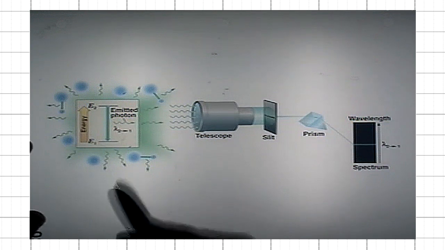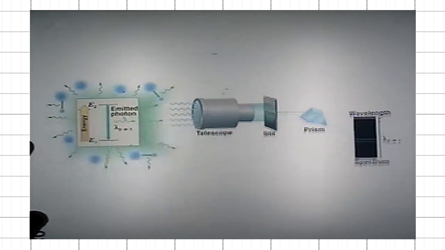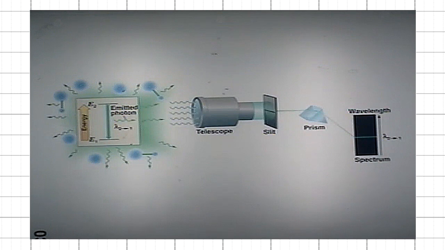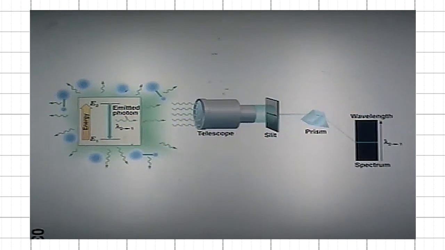So again, what happens is that we have atoms of some gas, and because the atoms collide with each other, their energy of motion is transferred to the internal energy of the atoms, and we have electrons that are occupying high energy states.